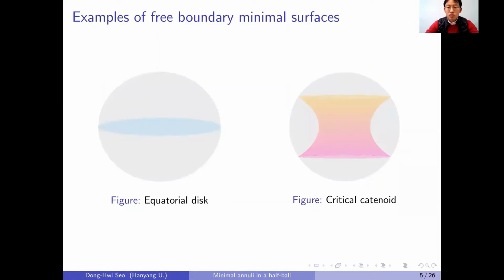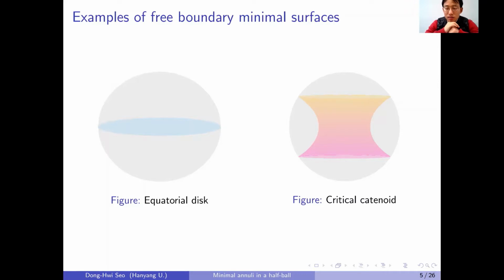So there are two basic examples of free boundary minimal surface in a ball. The first one is the equatorial disk. The equatorial disk is the intersection of a ball and a plane passing through the origin. In this talk, we call those planes coordinate planes. And the second example is the critical catenoid.